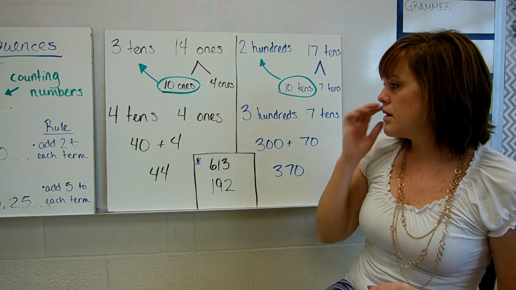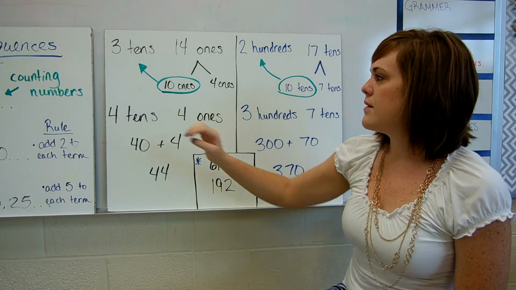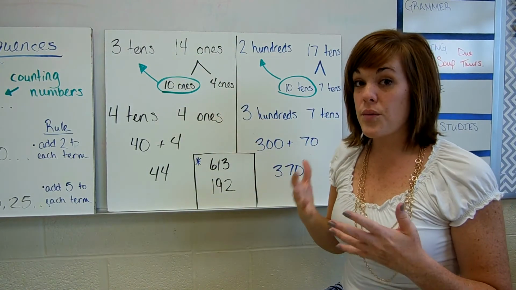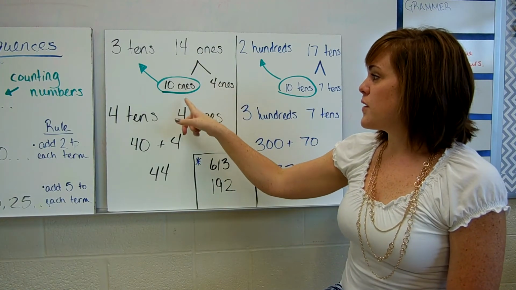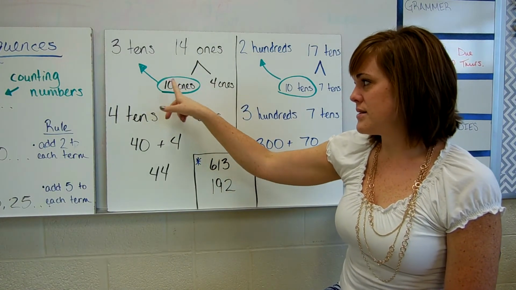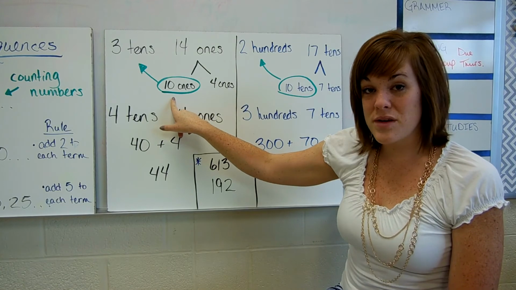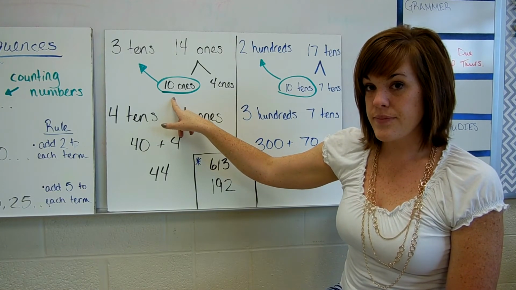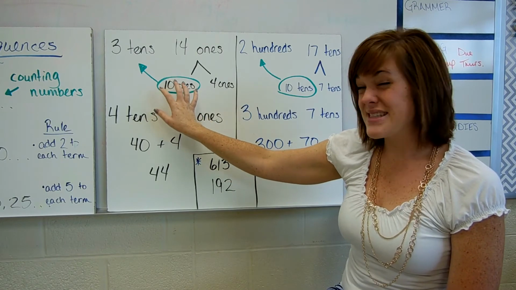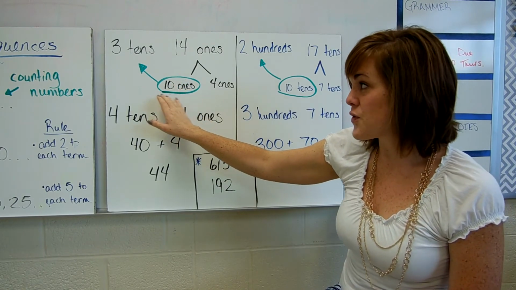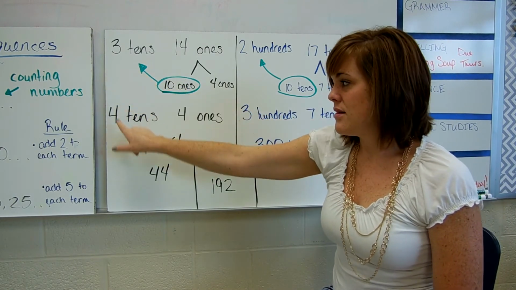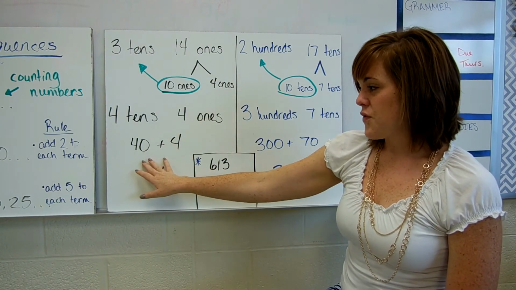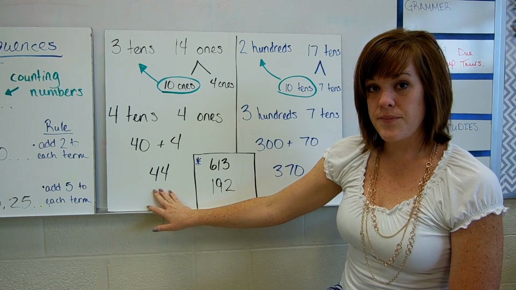Okay, so if I have 3 tens and 14 ones, I need to regroup. So I change 10 of my 14 ones because we know that 10 $1 bills is the same as one $10 bill. So I'm going to exchange my 10 $1 bills for one 10. So that becomes 4 tens and 4 ones, which is 40 plus 4, which is 44.